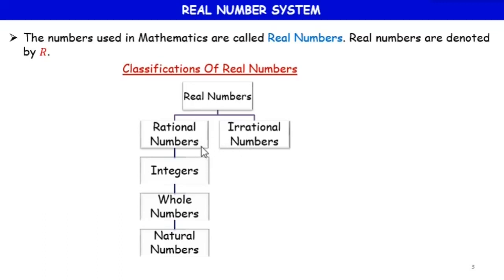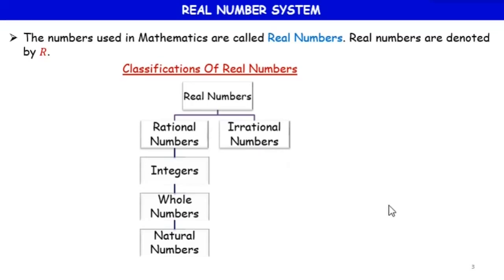But then under the rational numbers we have three types: the integers, followed by whole numbers, and finally natural numbers. So these are the three types of rational numbers. But real numbers broadly are categorized into rational numbers and irrational numbers.